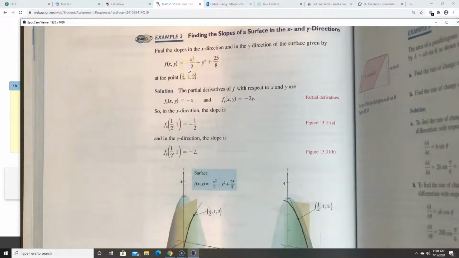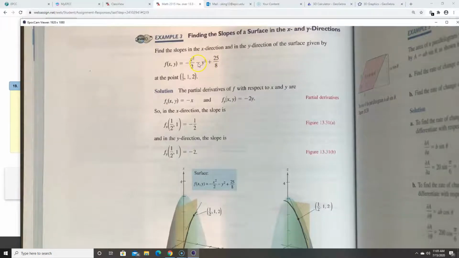Now, if we differentiate this two variable function with respect to the x direction, then the y variable is frozen, considered to be a constant, just like the 25/8. And in this case, this is the only place where there's a y variable in this two variable function, f of x comma y.